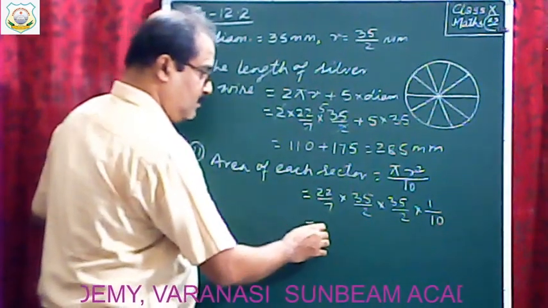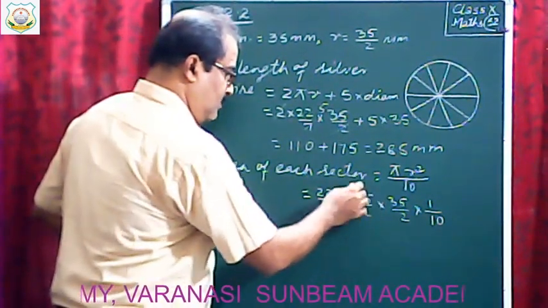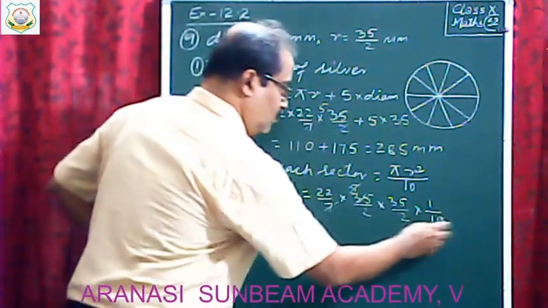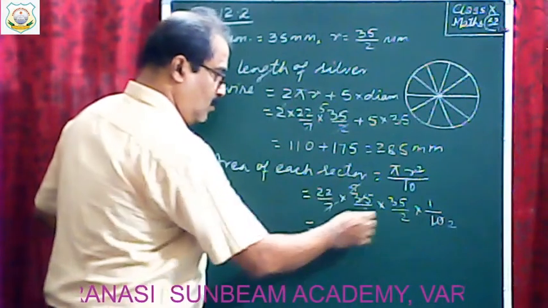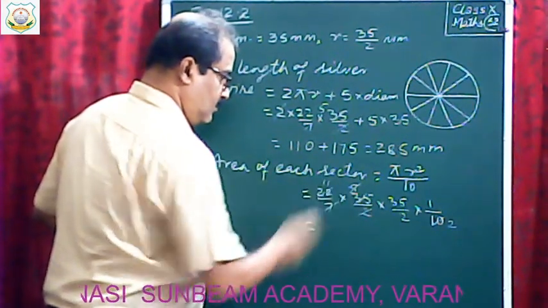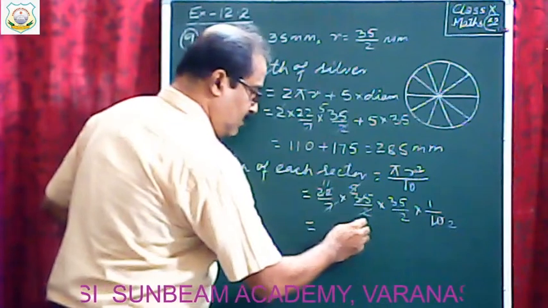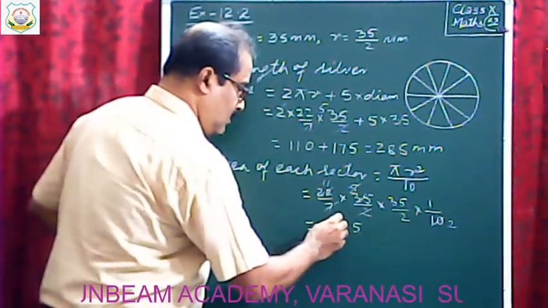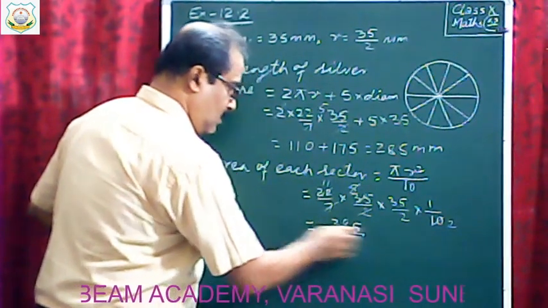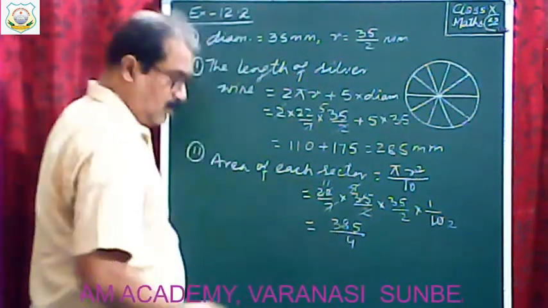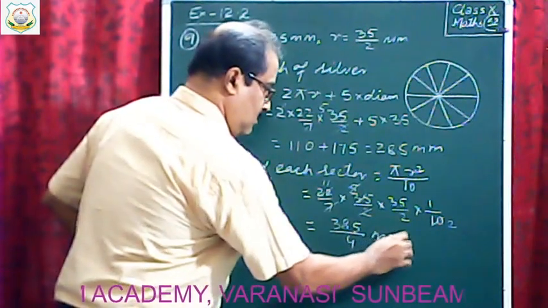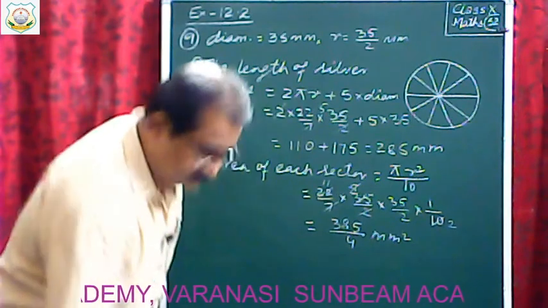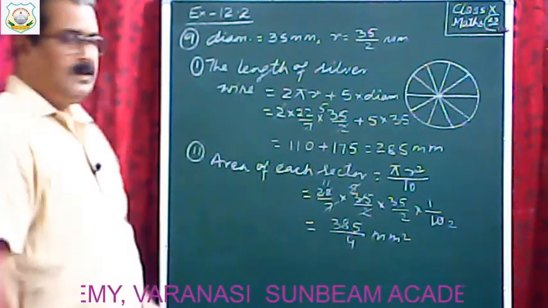Now calculate. 5 twos are 10, 11, 5 elevens are 55, 5 elevens 55, 5 threes 33, 385 upon how much? 4, millimeter square. Okay, so simple. Now come to next.